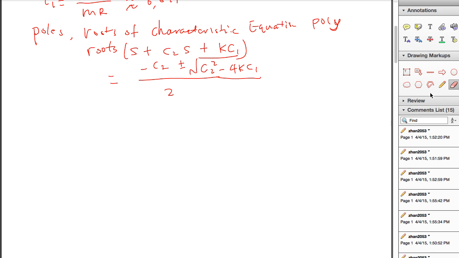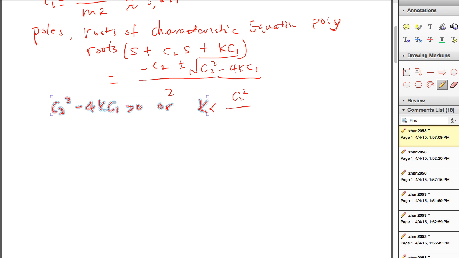With this Adobe, here we say we have these roots, and if C2 squared minus 4 K C1 is larger than 0, this means K is less than C2 squared divided by 4 C1.